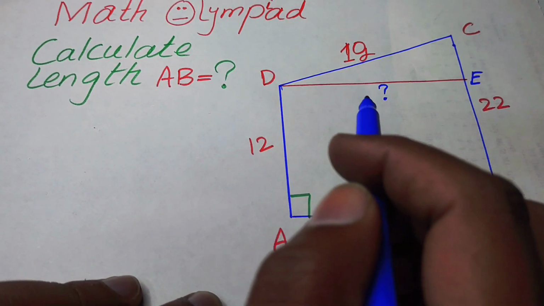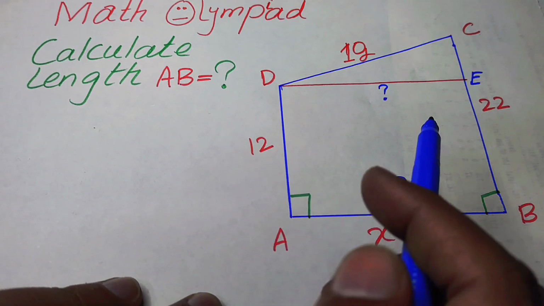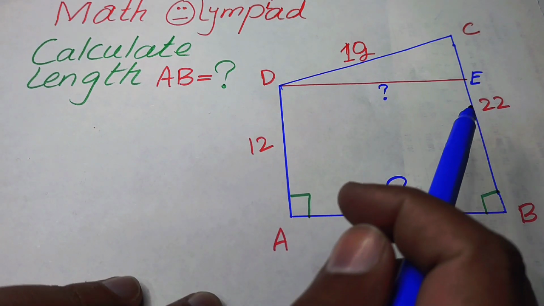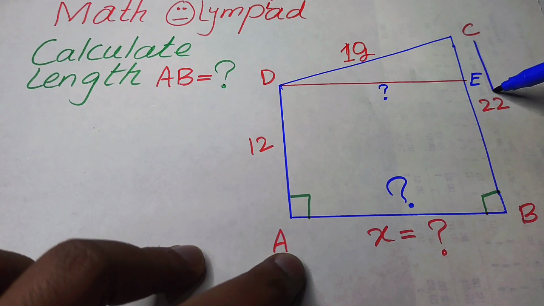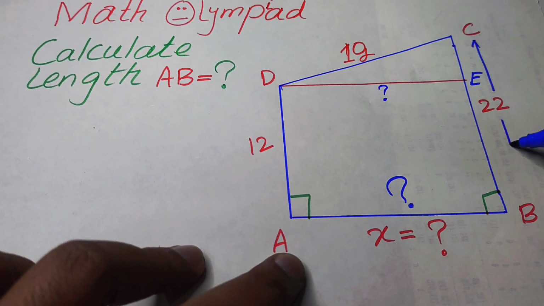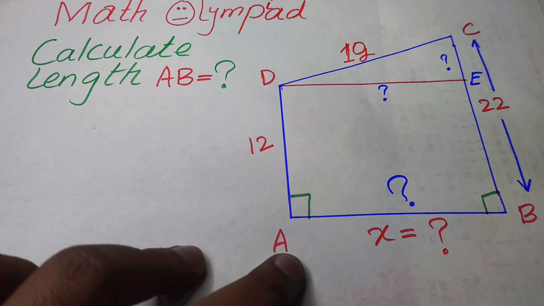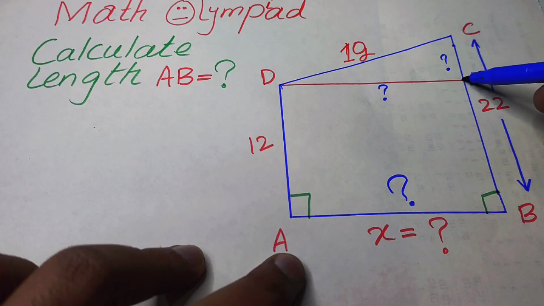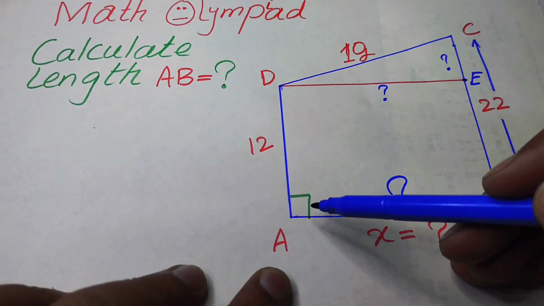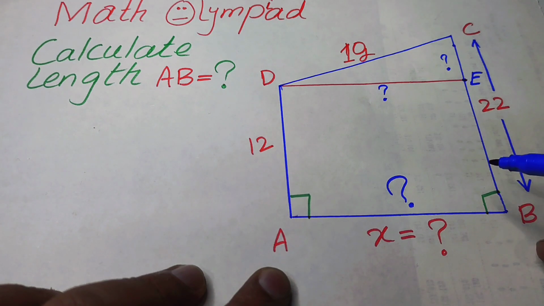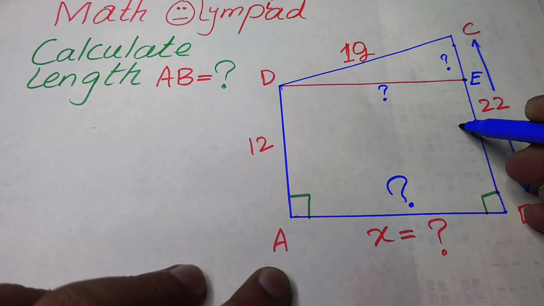Okay, the one thing all of you should remember is that the length of BC is 22. First we will find the length of this part. You know that BE is parallel to AD, and the length of AD is 12, so we can say that the length of BE is also 12.